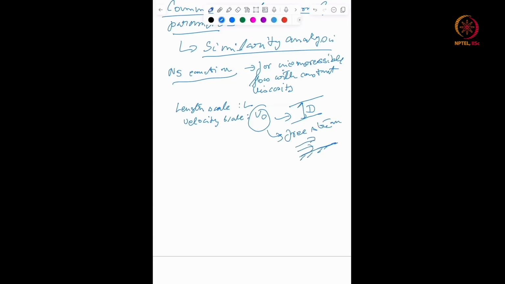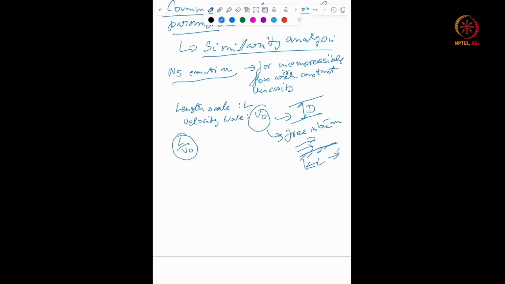In this case, flow over a flat plate, the dimension L is basically the appropriate length scale. So you non-dimensionalize all distance and velocity components by their corresponding scales, and time is made non-dimensional by the time scale. So time scale is, say, L divided by V naught. And pressure variation is normalized by the reference pressure value.